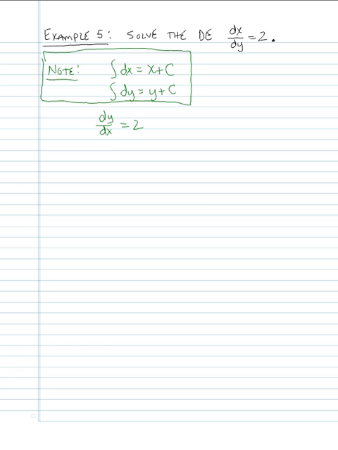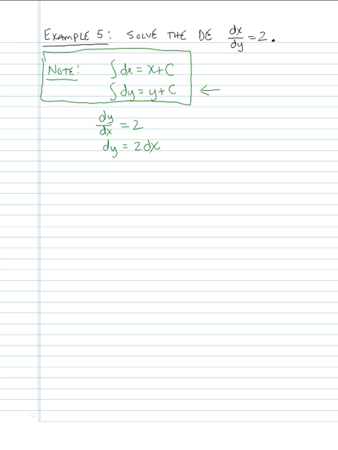That is, we're going to multiply both sides by dx. So we end up with dy is equal to 2 dx. Now, what we're wanting to know is the function y. And as we said before, if we integrate dy, we'll get y plus some constant.